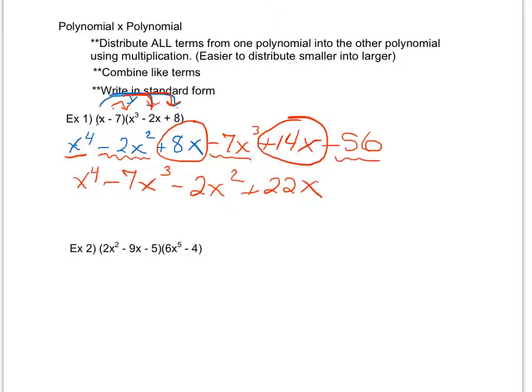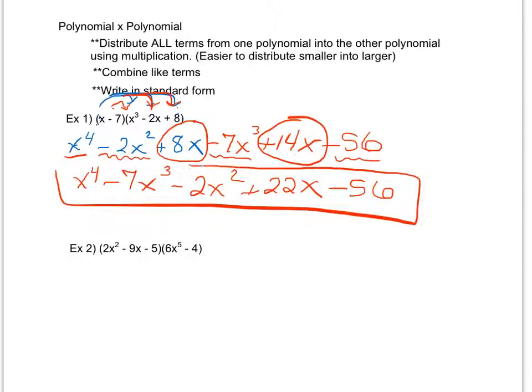And then my minus 56 is going to come down. I'm in standard form. I have no other like terms. It's a crazy long answer, but that's my simplified answer in standard form.